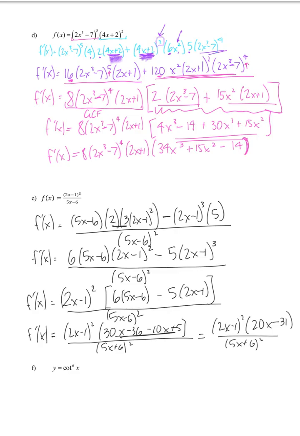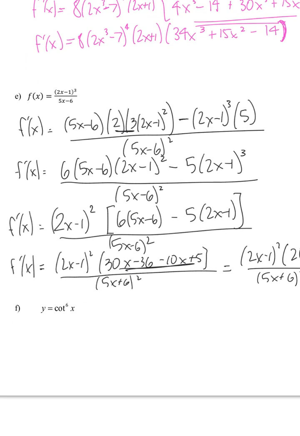And then this last one, again, there are going to be some trig functions that involve the chain rule. Let me rewrite this for you. It's cotangent x to the 6th. It's so much easier to do the chain rule when you see it in this form because it looks more like a peanut M&M. So the derivative of cotangent is negative cosecant squared x.